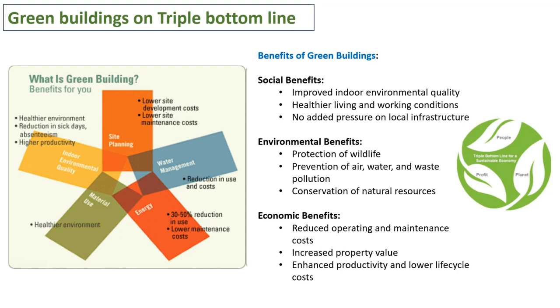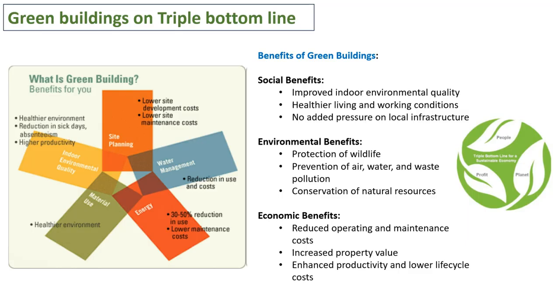What kind of elements did you include in your master planning, right? Because of that, you ensure the existing wildlife of different varieties is somehow protected, even though we construct our buildings. That's the connectivity. Then prevention of air, water and waste pollution, and conservation of natural resources.